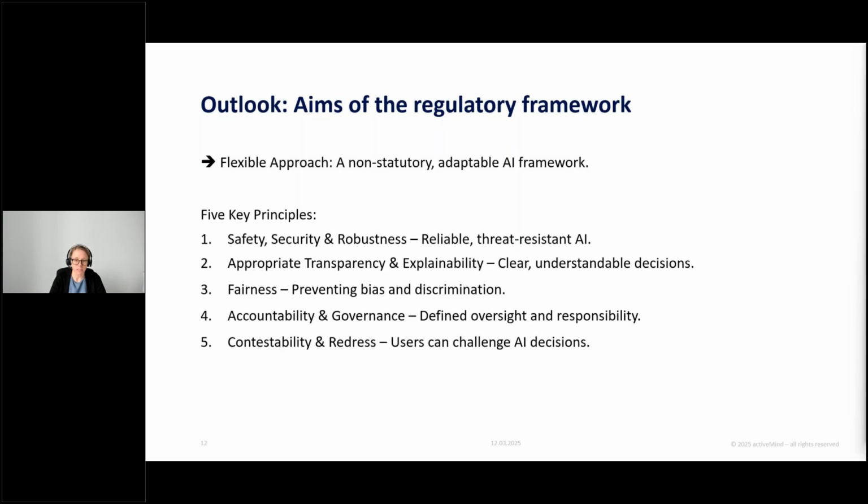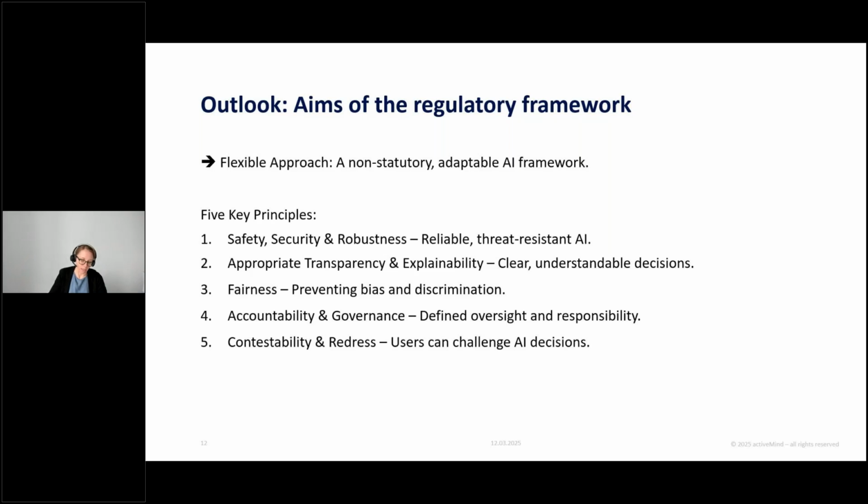Accountability and governance, you need to define oversight and responsibility, who is accountable if something goes wrong, and then contestability and redress. Users should be able to challenge AI decisions, so they also need to have a contact person.